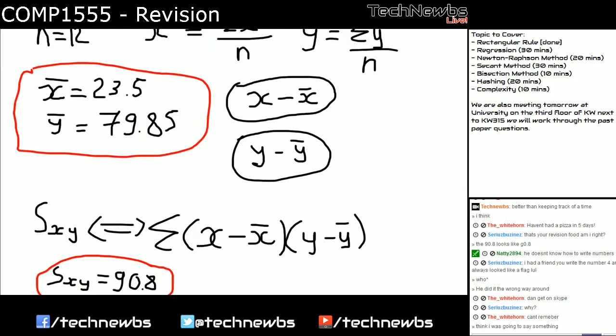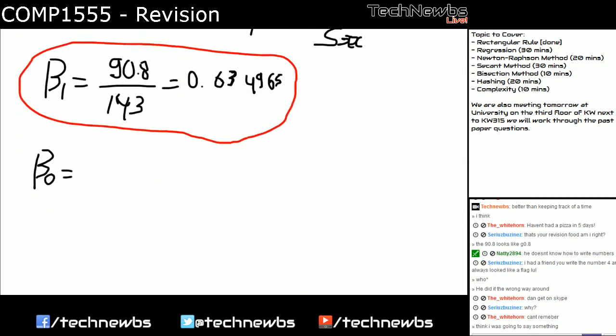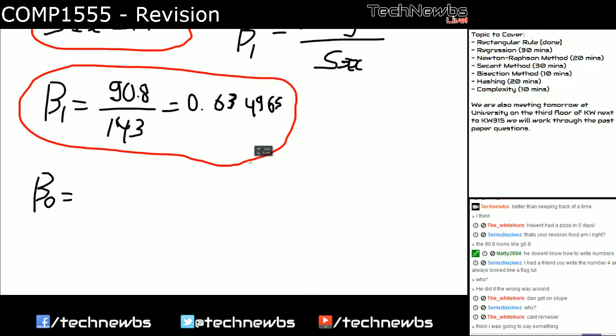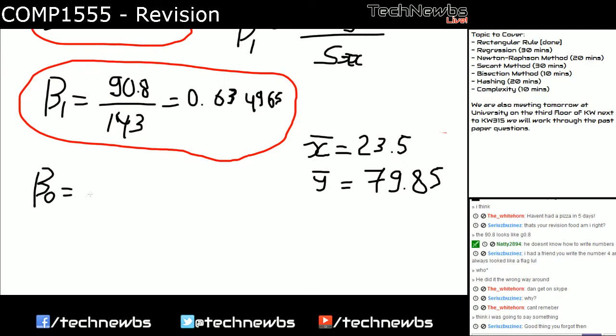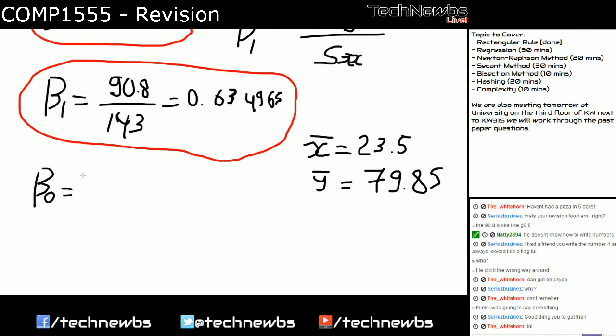So we got these values already, so let me get a copy of them and put them somewhere here. Okay, so now let's do it. So beta 0 is equal to 79.85 minus that value there, so beta 1.